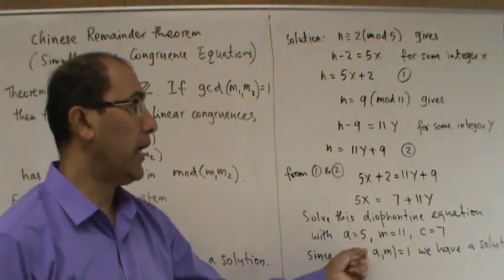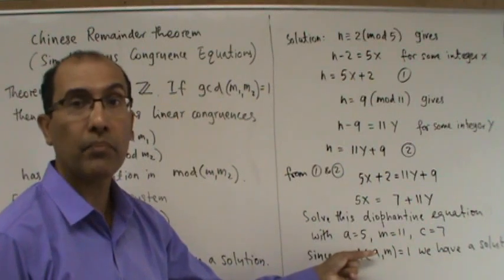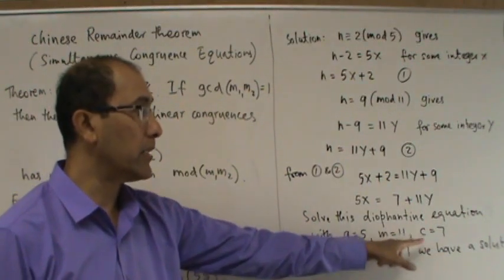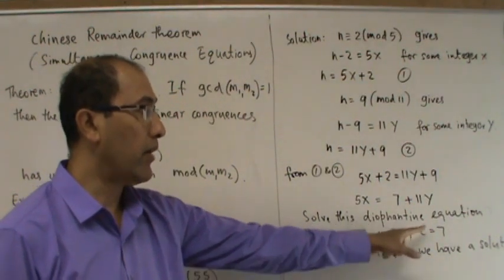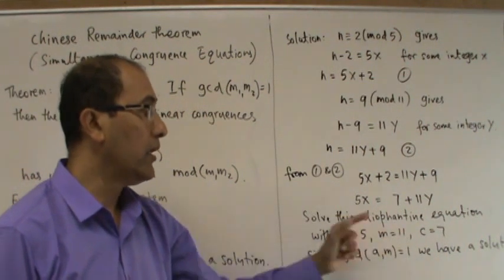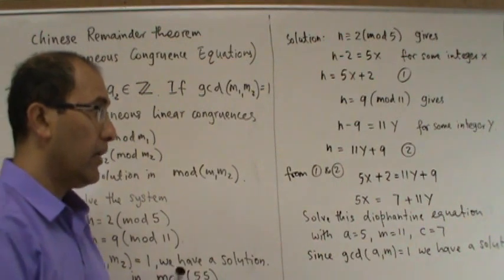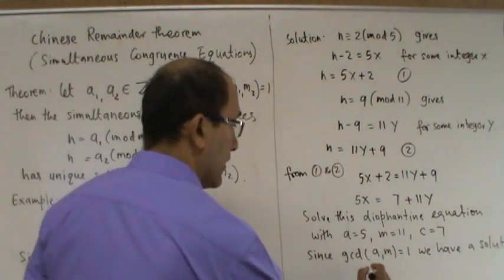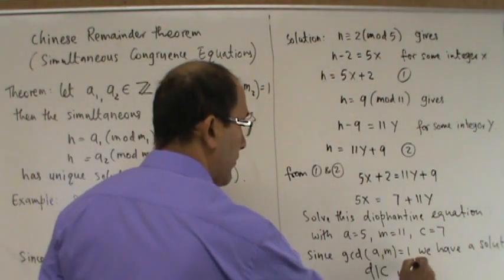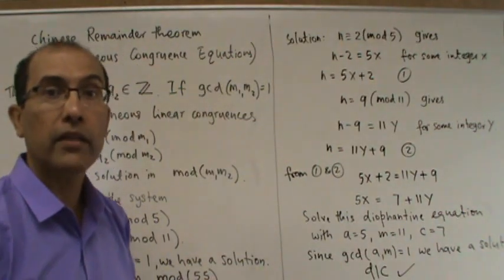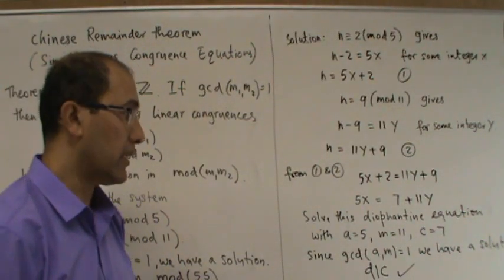Now GCD of a and m are co-prime in this example, so that's equal to 1, so it does divide c. 1 divides any number, therefore d divides c, and we have a solution. So that's the check that you need to see whether it has a solution.